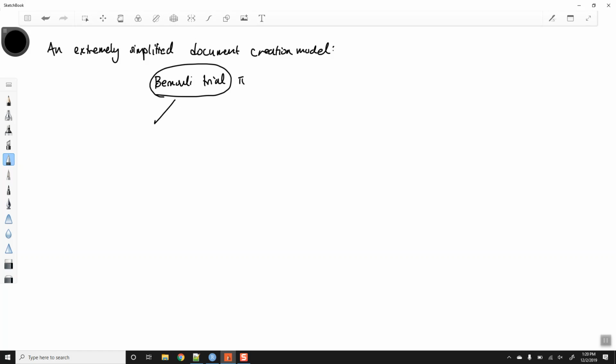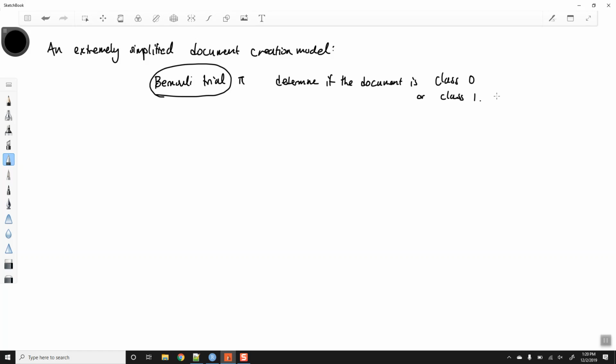This Bernoulli trial will determine if the document is class 0 or class 1. It's like we flip a coin, and it's either going to say the document we're going to generate comes from class 0 or class 1.